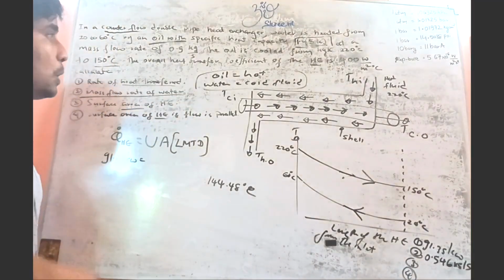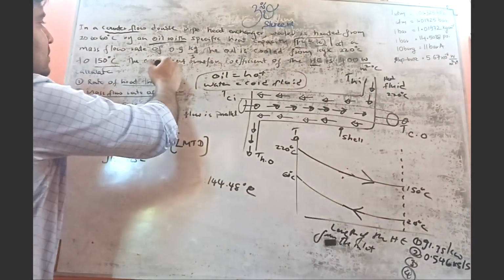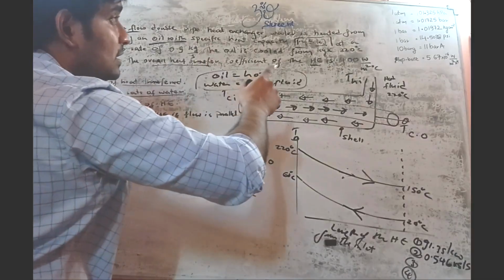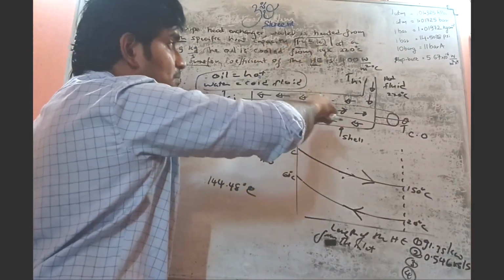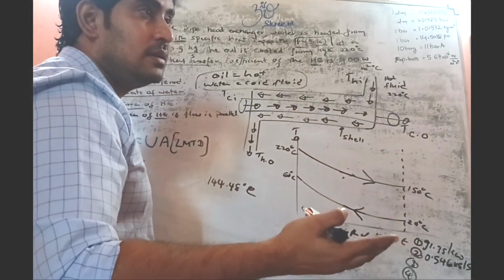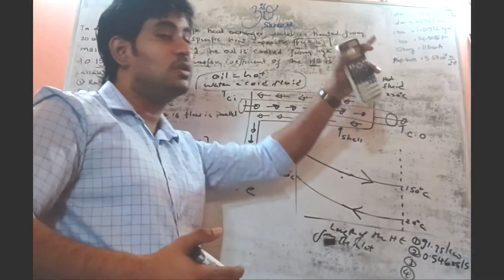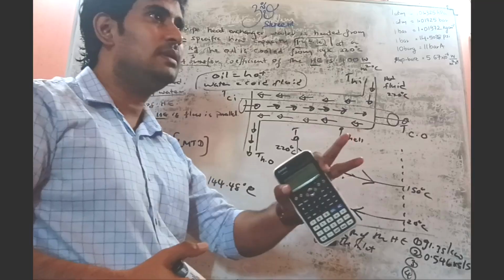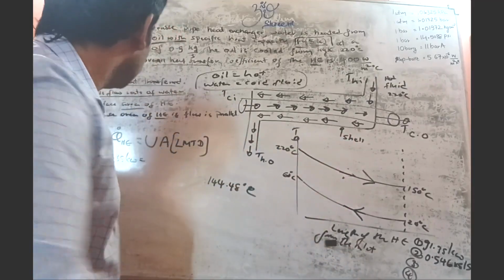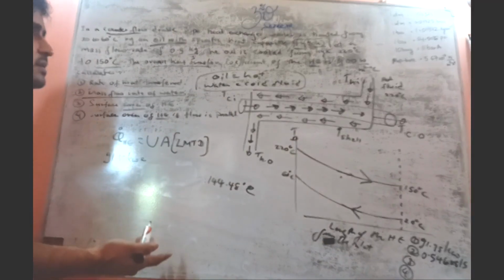And be very careful, what is the overall heat transfer coefficient of the heat exchanger? That is 400 watts per meter square per degree Celsius. But this value is in kilowatts, and this value is in watts. So better keep that value in kilowatts, or you can convert it.